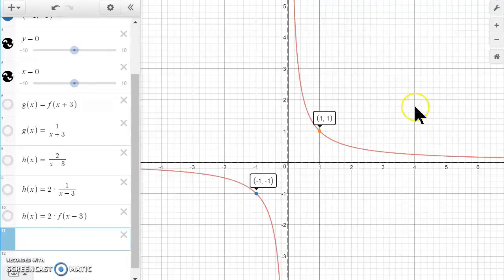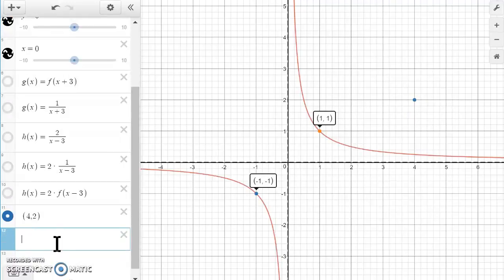So that would be 4, 2. And then for my other point, I'm going to carry out the vertical transformation first. So I'm going to multiply the y, which is negative 1, by 2, I'll get negative 2. And then I'm going to move my x to the right by 3. So that gives me 2, negative 2.